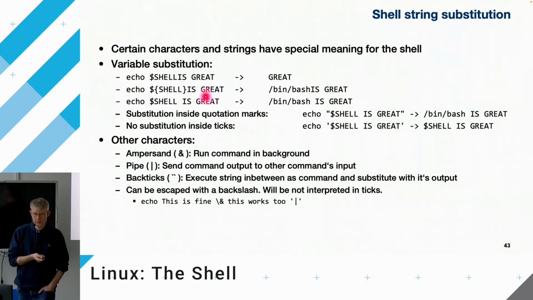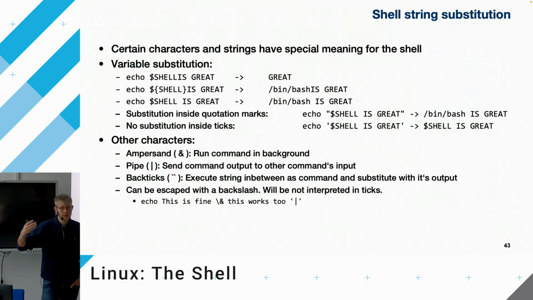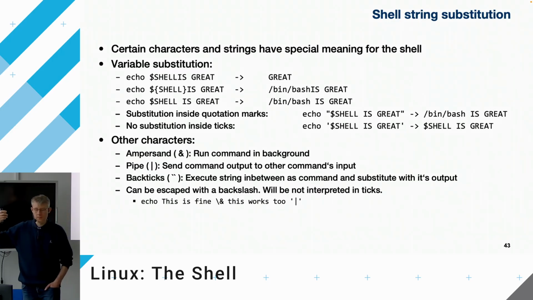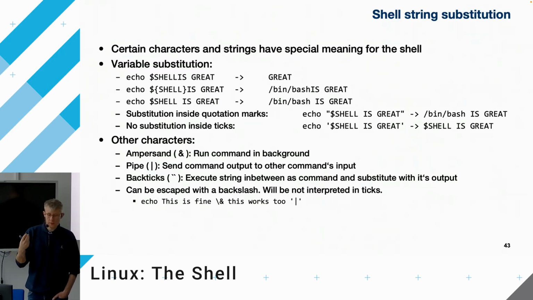And we have some other characters, as mentioned, for example, the ampersand, the pipe, the backticks, that have special meaning, that are interpreted by bash. But if you want to use them, for example, inside of an argument for some reason, this can happen. Then you can use the single quotes, so they are not interpreted, or you can use the escape character, so a backslash and then the character.